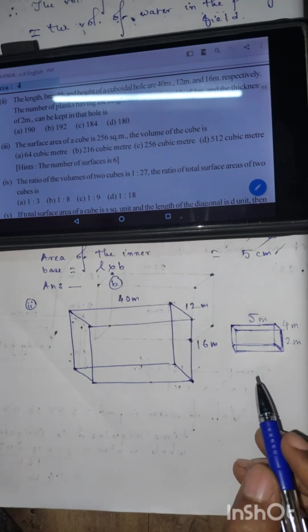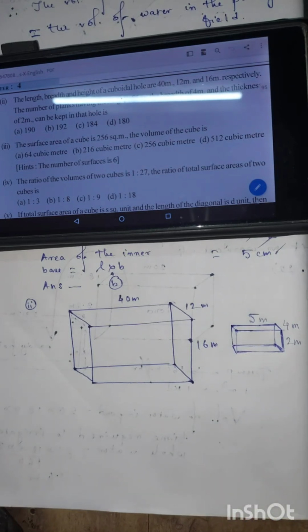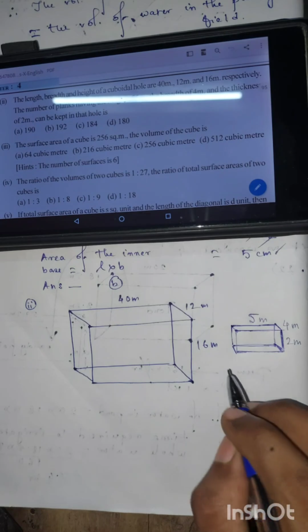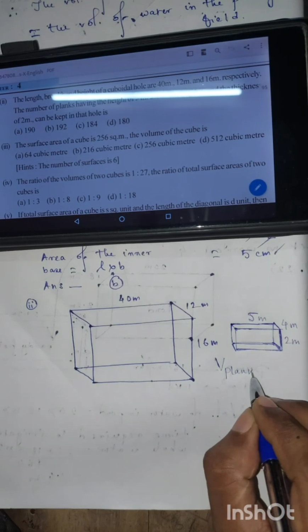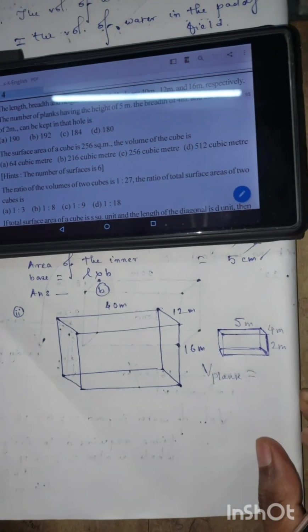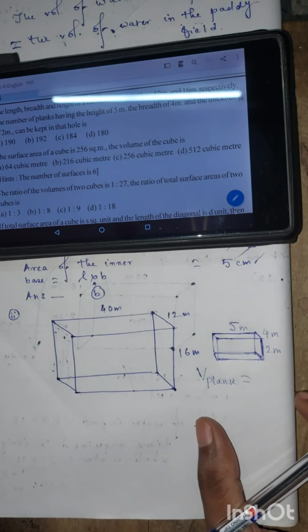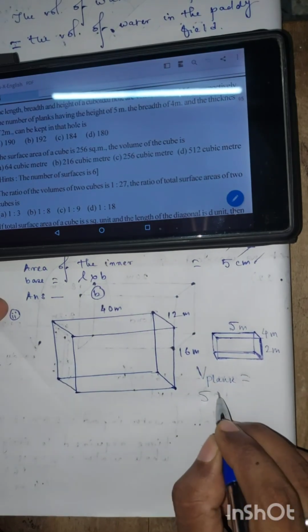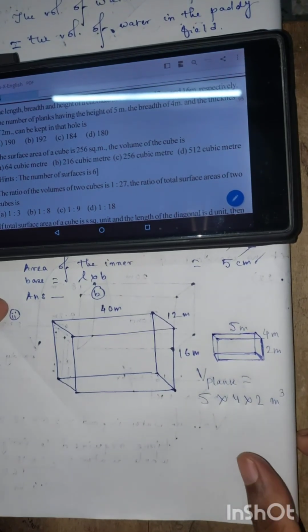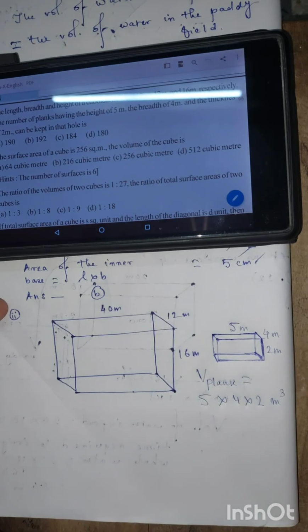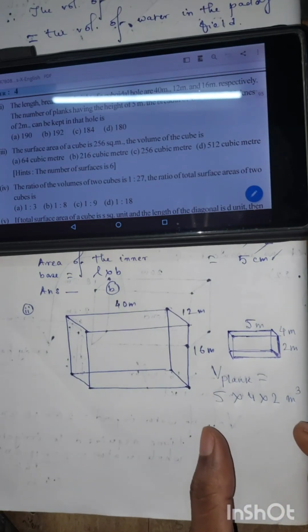So the volume of the wooden plank, so this is our volume of the plank.